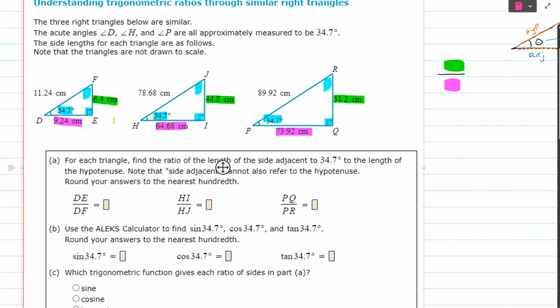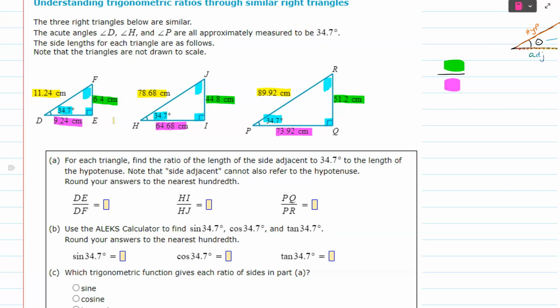These hypotenuses are all proportional, which means if we take any ratio, yellow over pink, pink over green, green over yellow, yellow over green, you could do any of the ratios, make a fraction, and all of those ratios will be the same. All of the yellow over greens will be the same. All of the pinks over yellow will be the same.